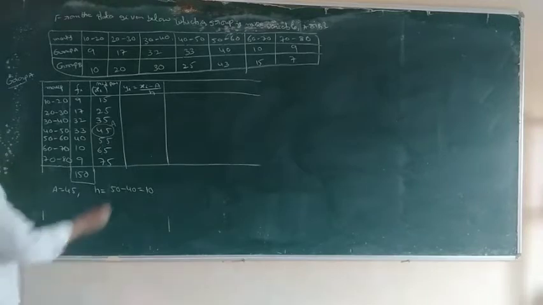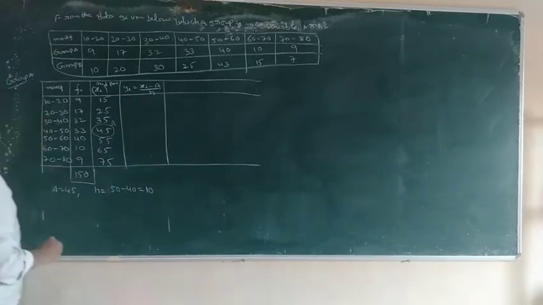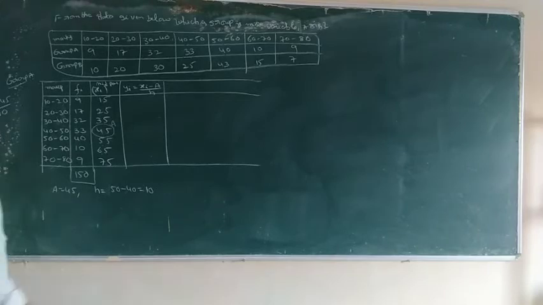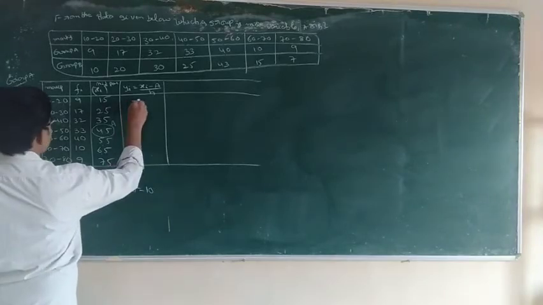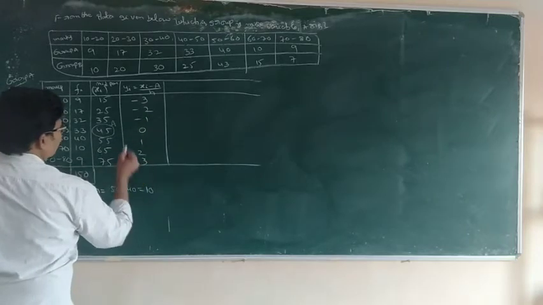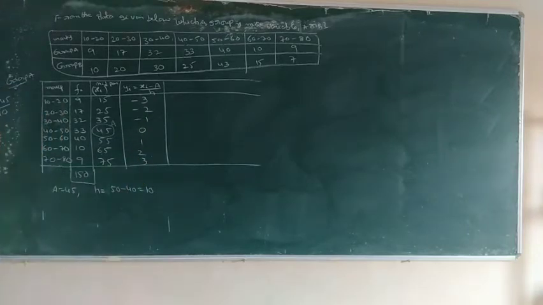So xi minus 45 by 10: 15 minus 45 is minus 30, 30 by 10 is minus 3. Minus 3, minus 2, minus 1, 0, 1, 2, 3. Sigma yi is always 0.